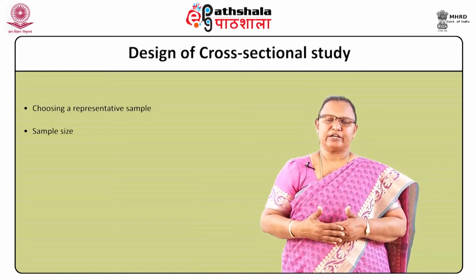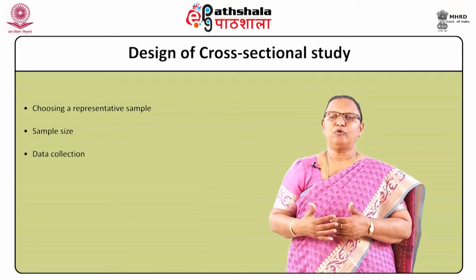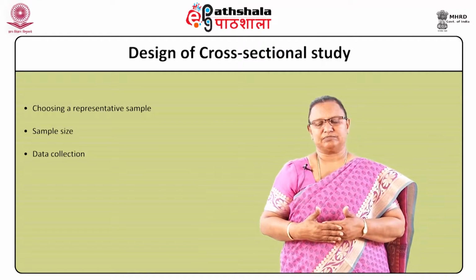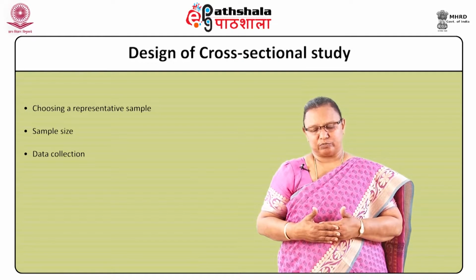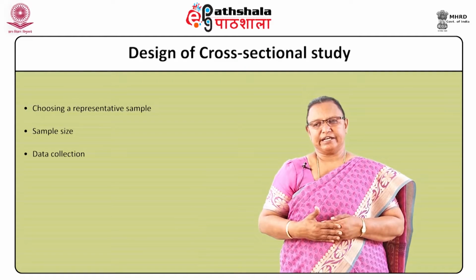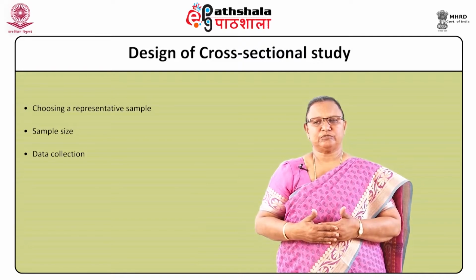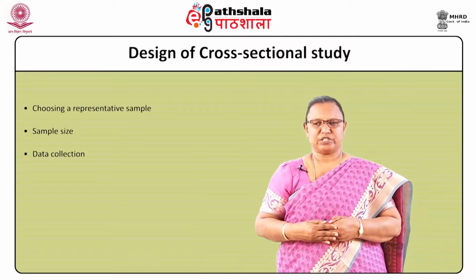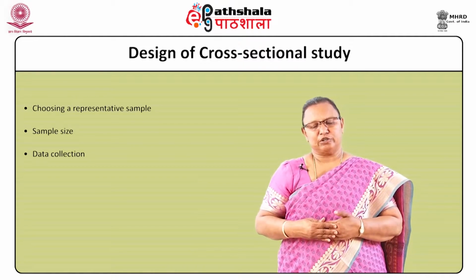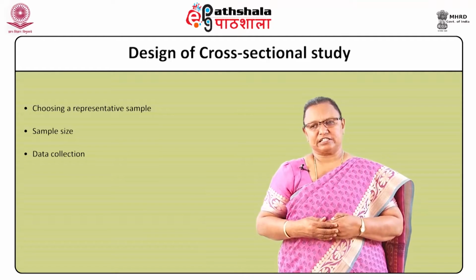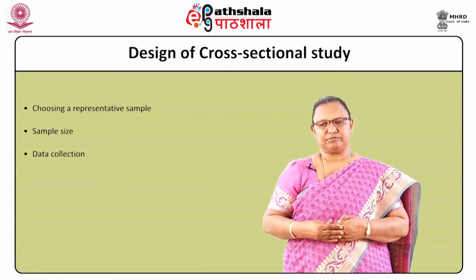The third thing that you should look into is data collection. How you are going to collect the data. Data collection is very important because data must be valid, reliable, and accurate. So, you must adopt various techniques required for data collection.